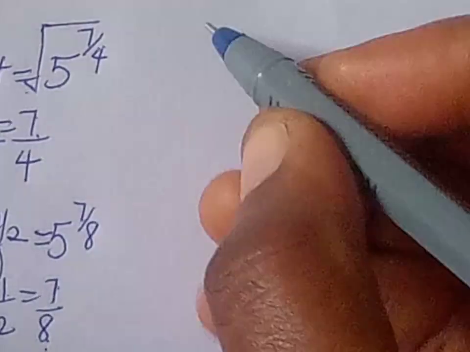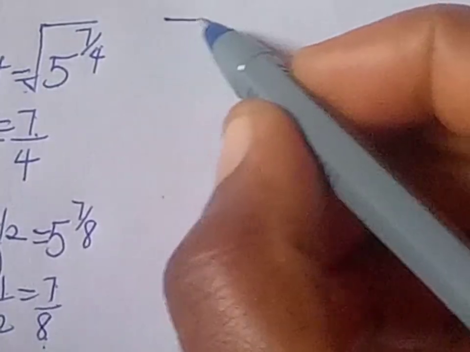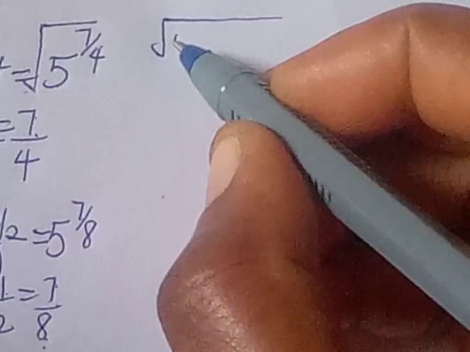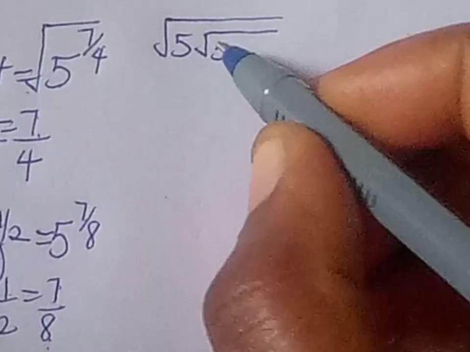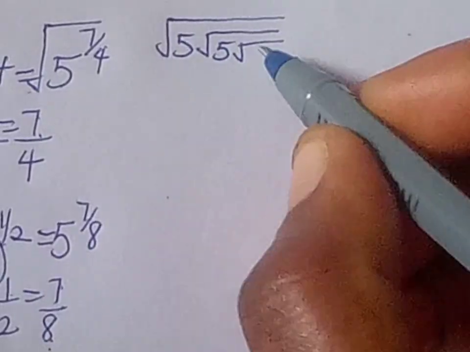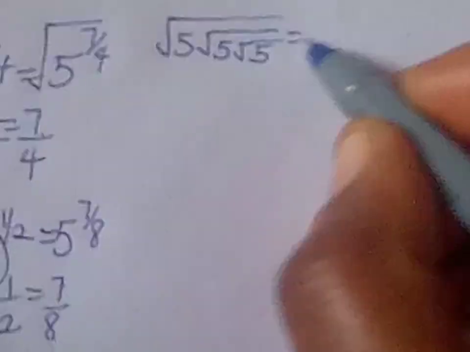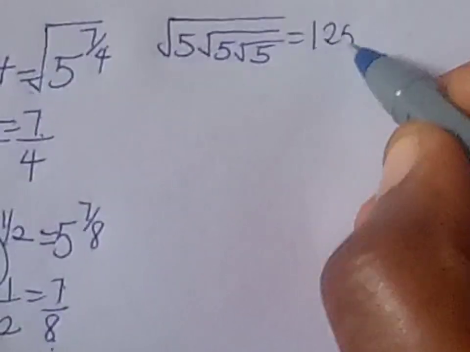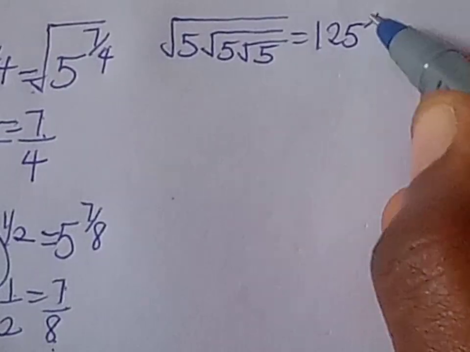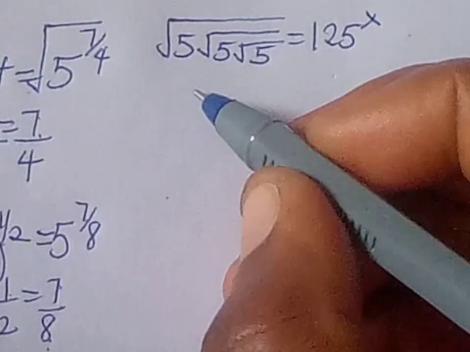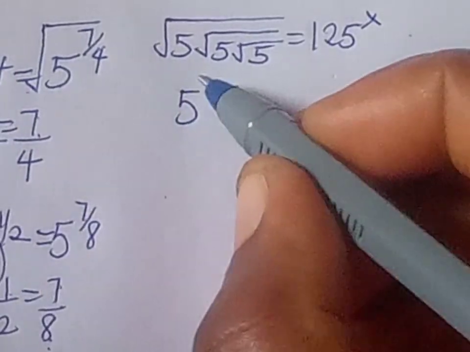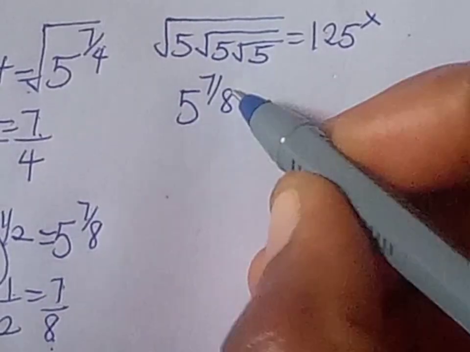Our question again says square root of 5 multiplied by the square root of 5 multiplied by the square root of 5 equals 125 raised to the power of x. When we calculated this, we got 5 raised to the power of 7/8.